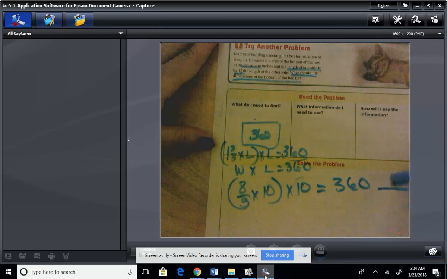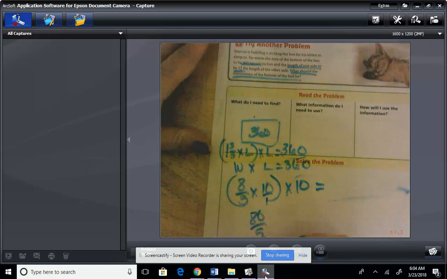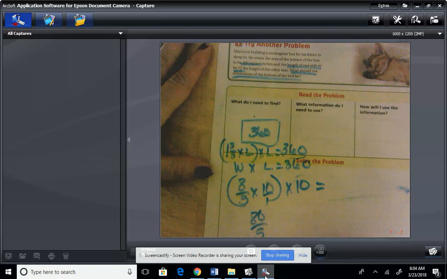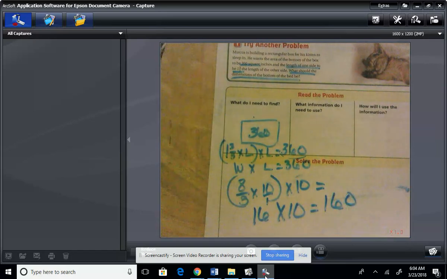We'll see. Okay, but that's our goal. So if I take this over 1, 80 over 1 divided by 5, I get 16. So this is a total of 16 times 10 equals 160. Not quite enough, is it?